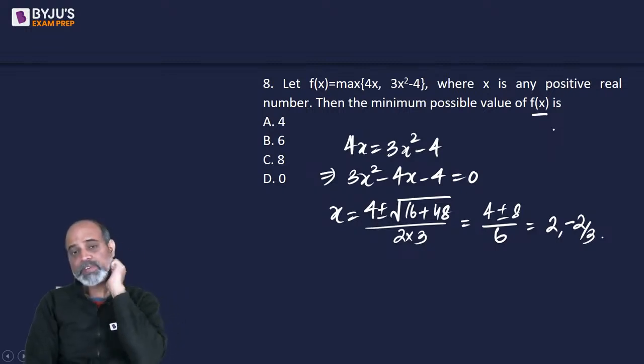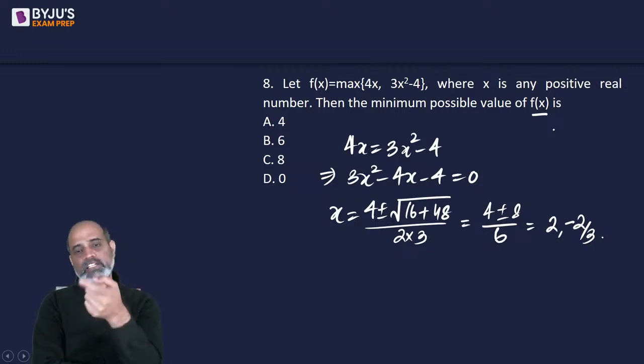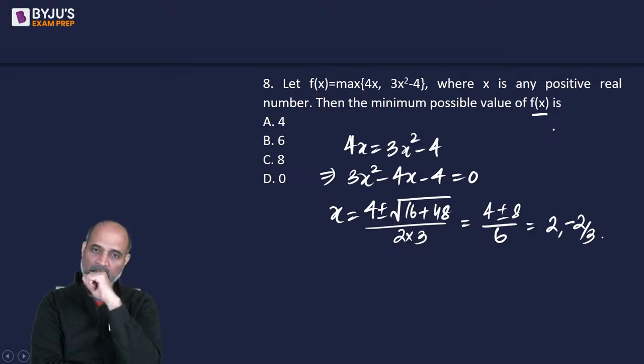So what it means is, if I take x is equal to 2 upon root 3, which is a positive value, so I'll get 0, right? And if I take 0, then that is going to be negative.